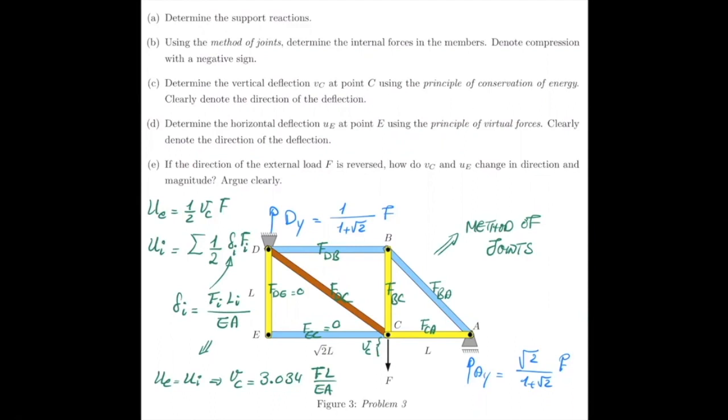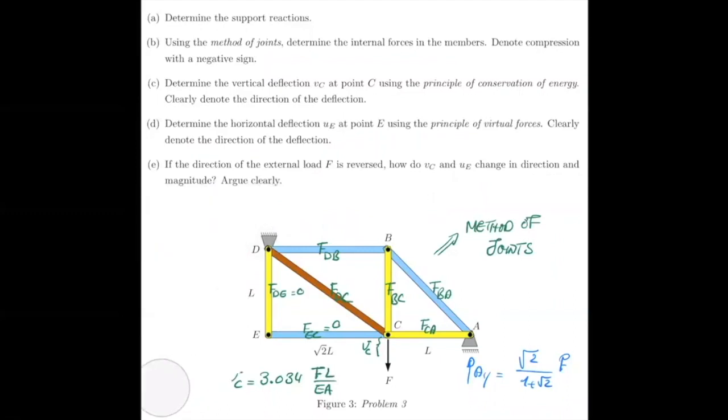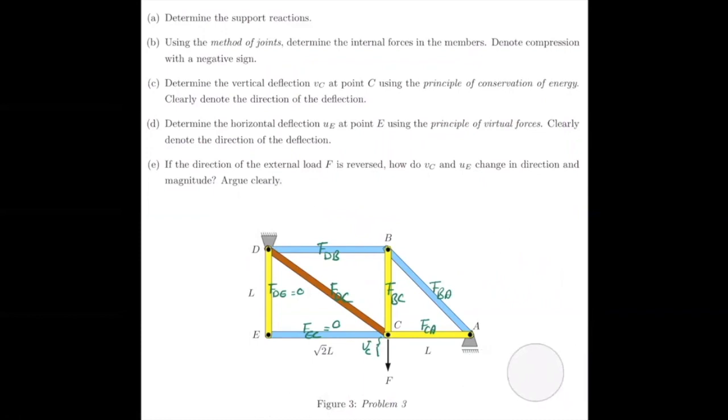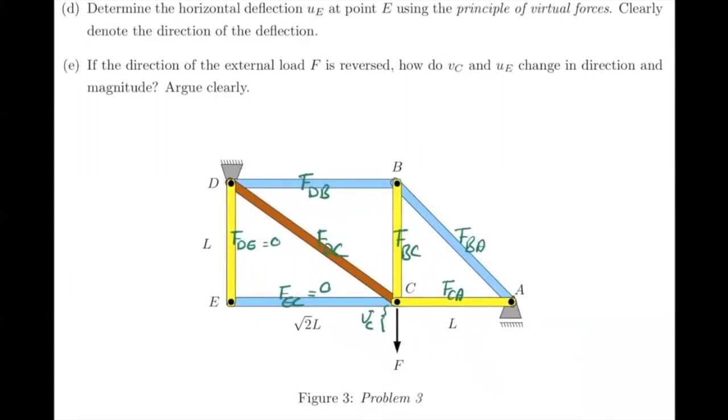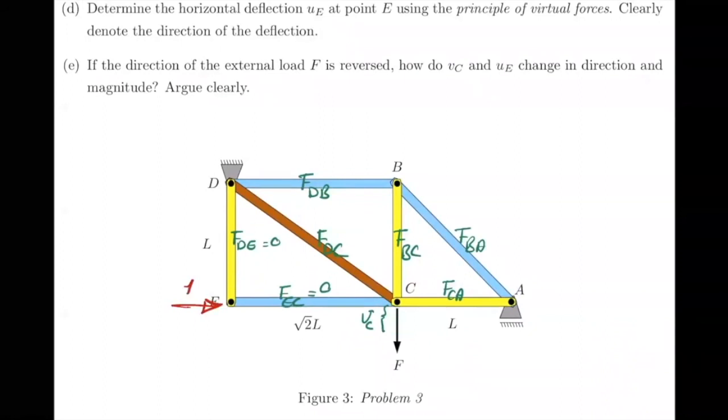Now, we also have the second part, so part D basically. We now want to calculate the deformation, or the horizontal deflection, at point E. So I'm going to do this in red. Basically, what we want to do now is to assume that there is a force of 1 here.